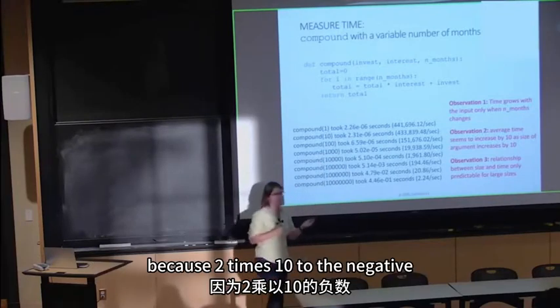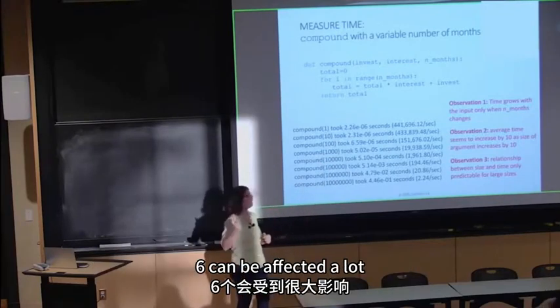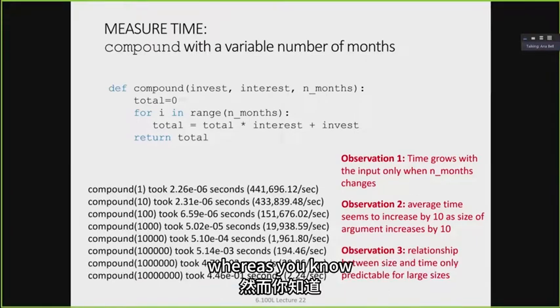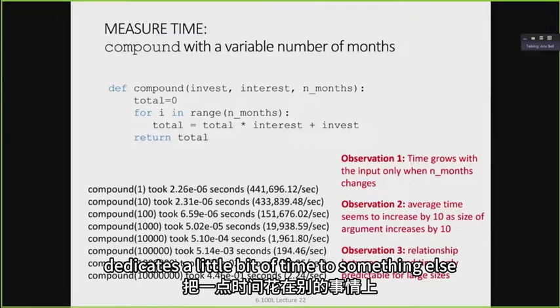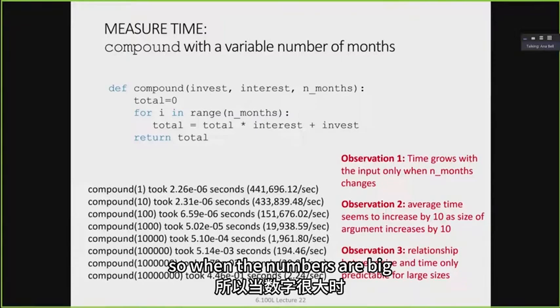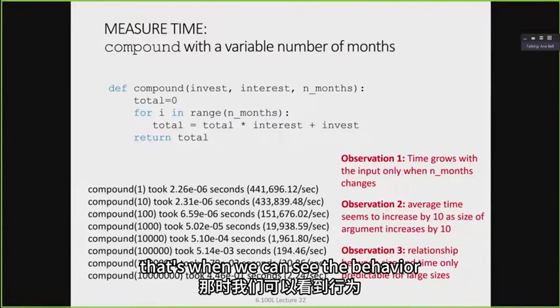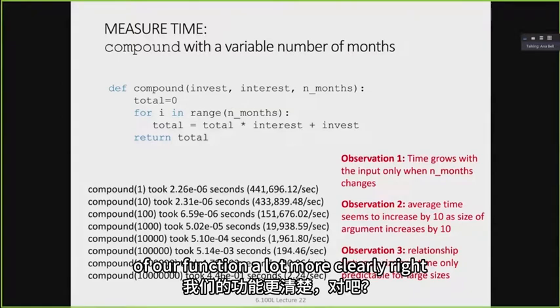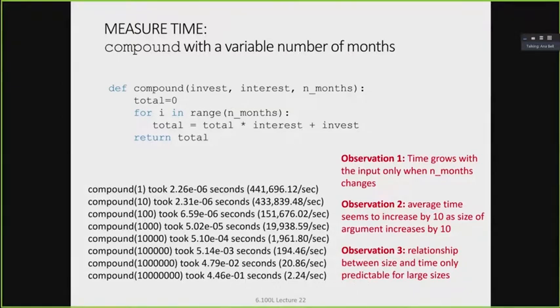Because 2 times 10 to the negative 6 can be affected a lot by just a little bit of time dedicated to something else. Whereas, 4 seconds or 14 seconds, if my computer dedicates a little bit of time to something else, that 4 or 14 won't be affected as much, right? So when the numbers are big, that's when we can see the behavior of our function a lot more clearly, right? Not when the numbers are small. Okay.